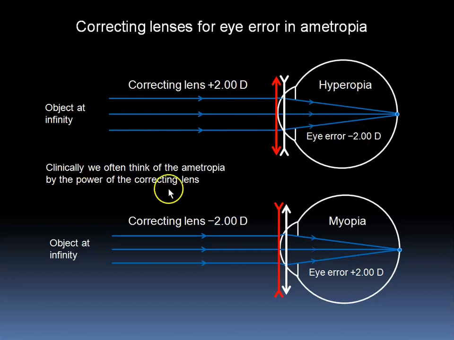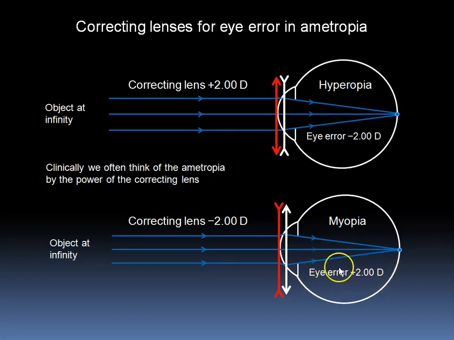We often clinically think of the ametropia in terms of the correcting lens. So when we speak of hyperopia, we say, oh, this hyperope is a +2. But really, the +2 represents the correcting lens. The actual eye itself is deficient and has an eye error of -2. In this case of the myope, where the image would otherwise be focused too far in front, the eye has excess converging power.